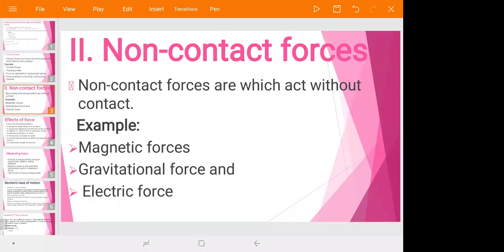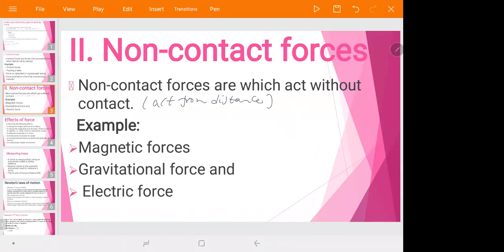The second one is, as we said first, non-contact force. Non-contact forces act without body contact, and they also act from a distance.